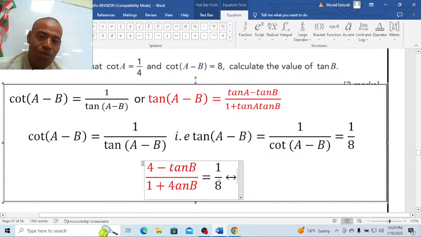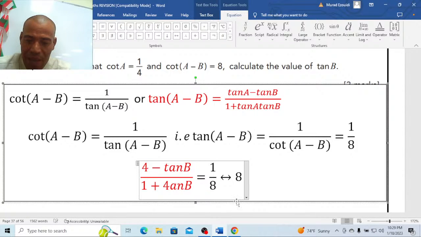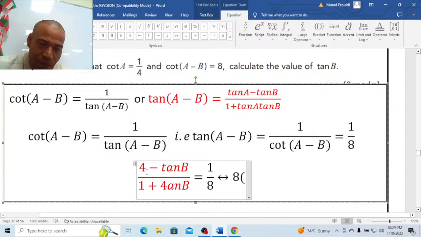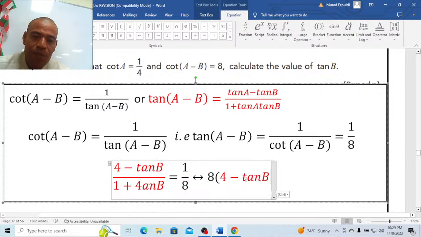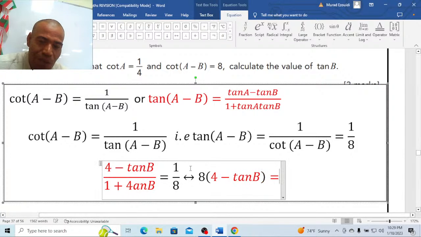Means that 4 multiplied by 8 is 32. I will explain this better. We said that 8 times 4 minus tangent B should be equal to what, learners?